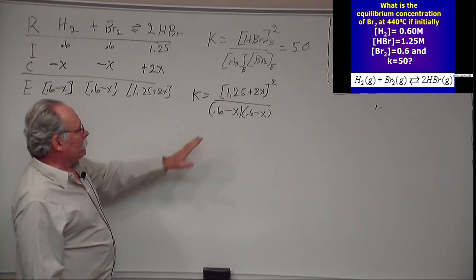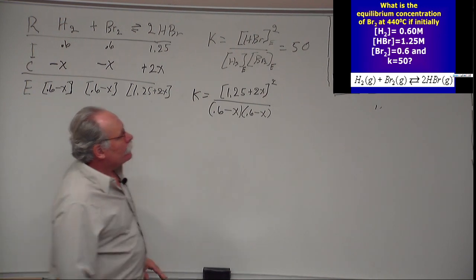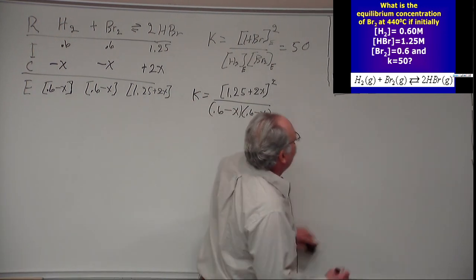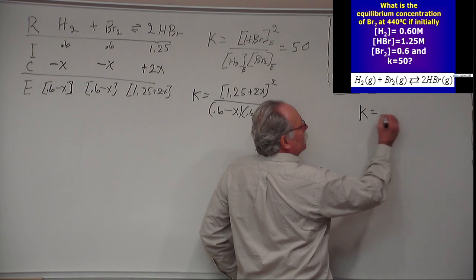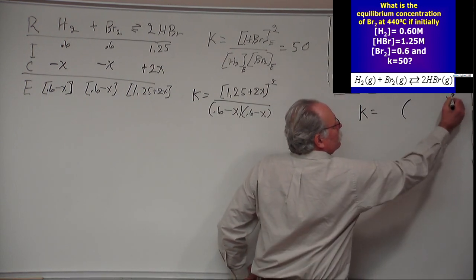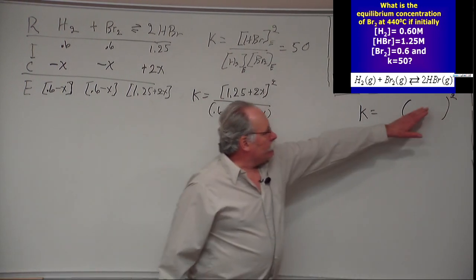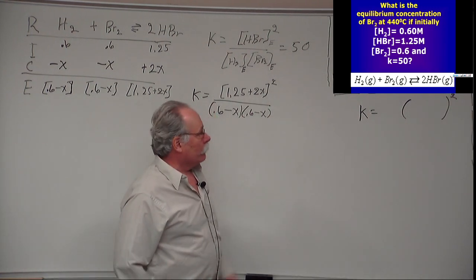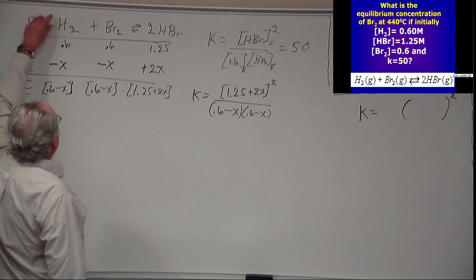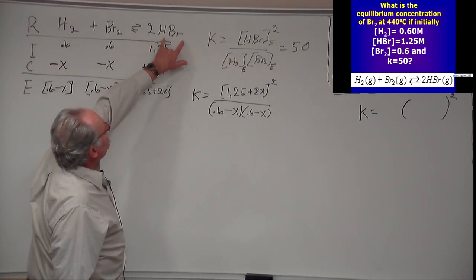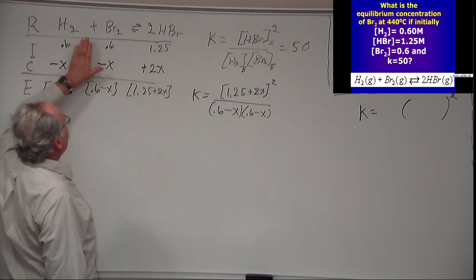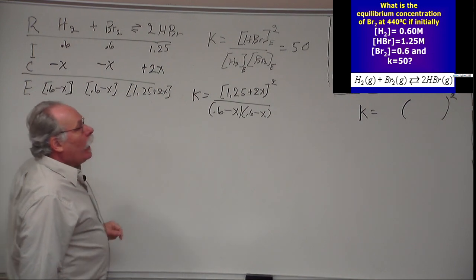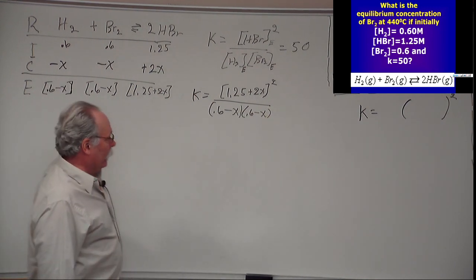We can complete the square, okay? The general idea is that I want to say K is equal to some expression to the power of 2, and then I take the square root of both sides, and I get rid of this square term. Incidentally, if there had been 3 species here and 3 species here, and they were mixed in stoichiometric proportions, I could have completed the cube, okay?